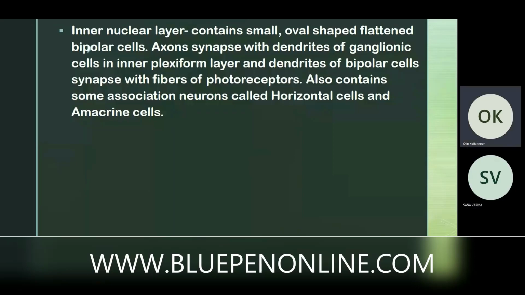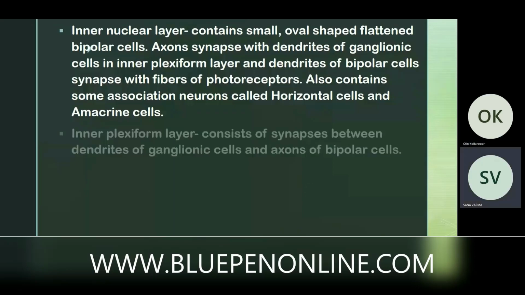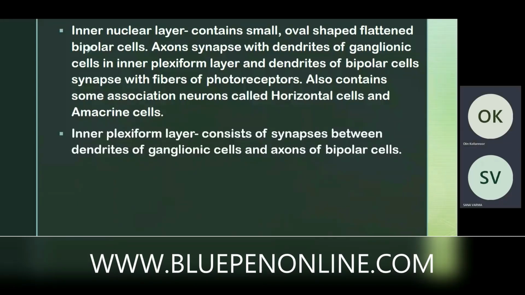Okay. Then next comes the inner plexiform layer. It consists of synapses between dendrites of ganglionic cells and axons of bipolar cells. So this layer contains the synapses. It's just their connection only. There are no cells or neurons present in that area. We can see just the synapses between them.